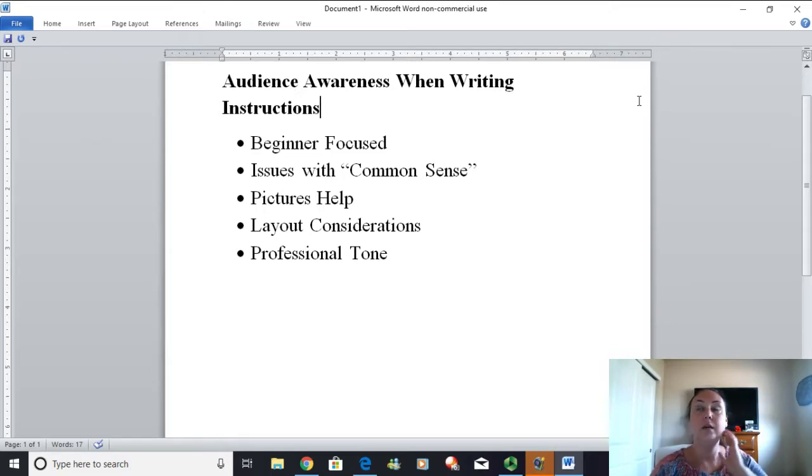And so you don't want to give them so much information that it's hard to sift through. But you also want to make sure that the layout that you're using is friendly. Trying to cram a whole recipe onto a single page when it's for a beginner may not be the best approach. It's going to be hard to do that and really make it beginner focused because it's all about the audience for this.